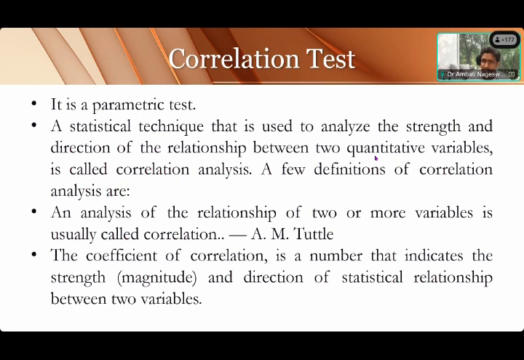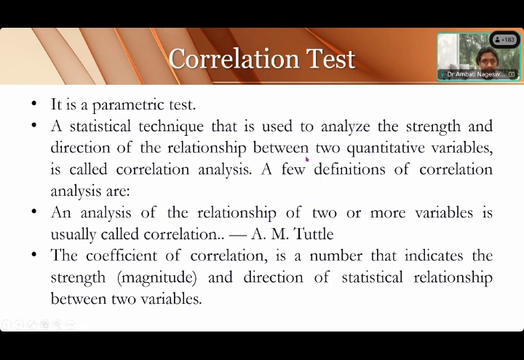Now somebody can ask me, do I have to use only two quantitative variables? At a time, you can also use more than two variables, and you can also differentiate variables from one to another. For the sake of simplification, as many of you are at the beginning stage, at least 40-50% of you, in order to conduct the basic correlation test, we require two quantitative variables that must be either interval or ratio data.